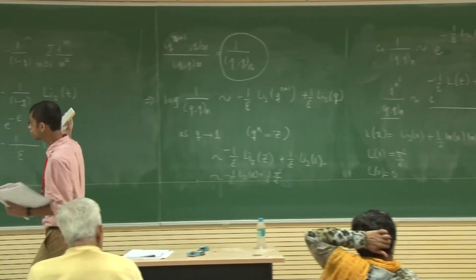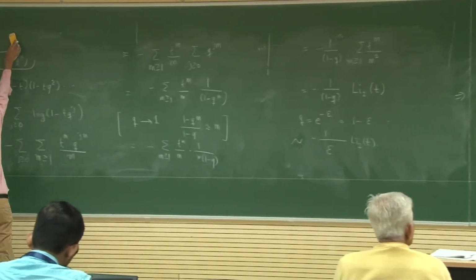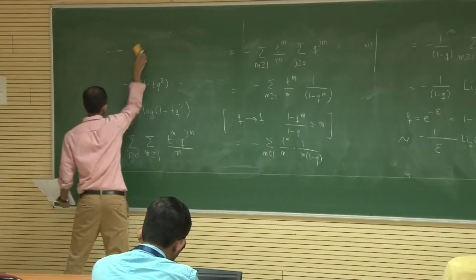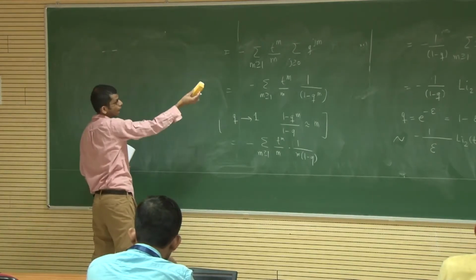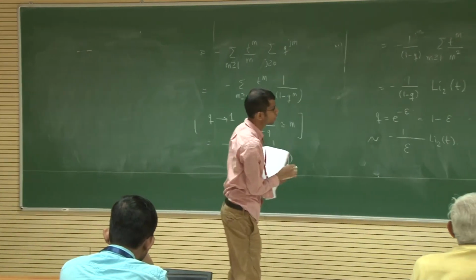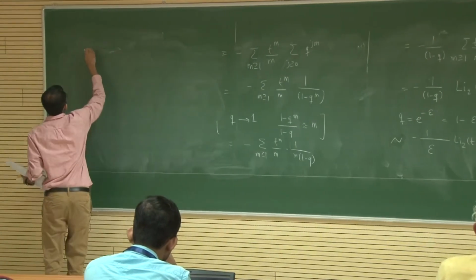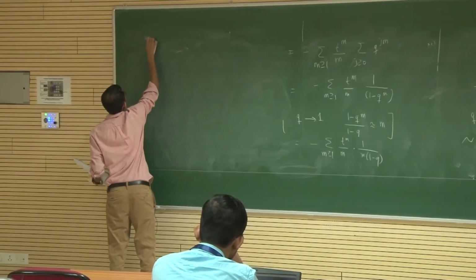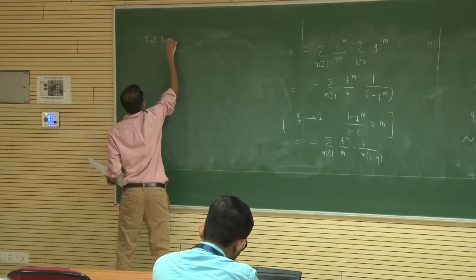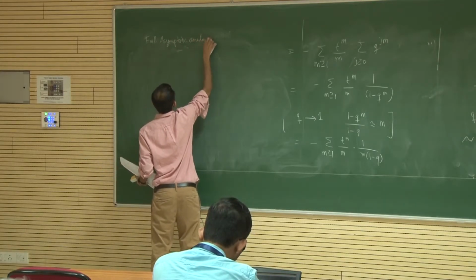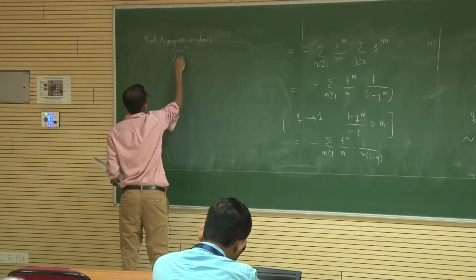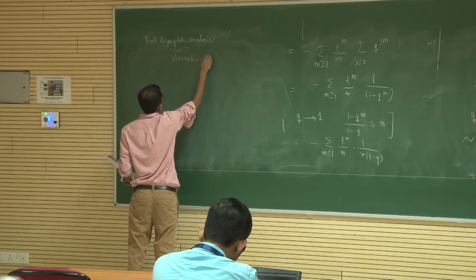Okay. I have shown you only the most dominant term. The analysis is not complete. You have to add infinitely more terms to this because the Rogers-Ramanujan sum has many more terms than this dominant summand. So for the full asymptotic analysis, look in the paper of Vlasenko and Zwegers.